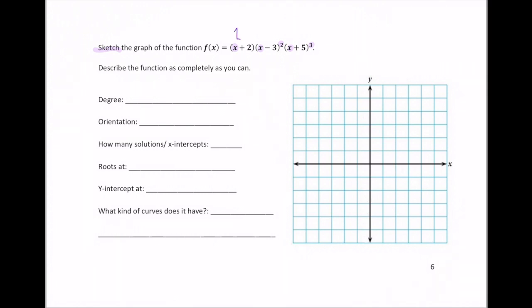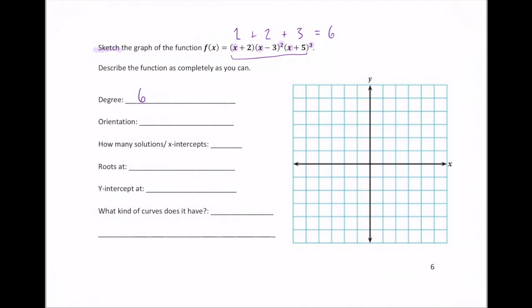So we have 1 x, then 2 x's, then 3 x's. If we add up all those x's together, we get 6. If we were to unfactor this and put it back into the standard form of the polynomial, it would start with an x to the 6th term. Then it would have all this other stuff at the end, but we won't know that until we multiply it. So we say that our degree here is 6.